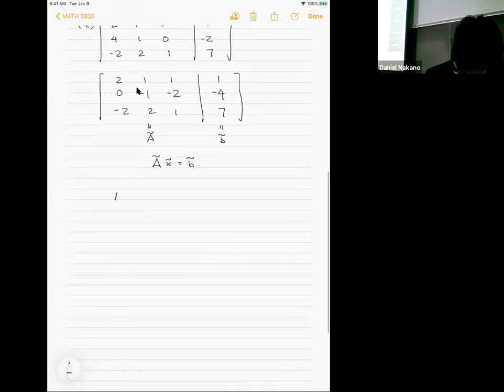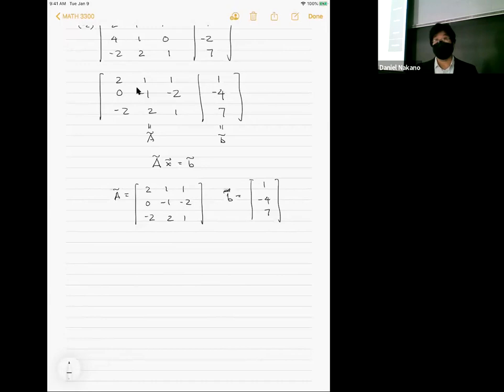It looks like 2, 1, 1. I'm writing this out again just to make it more clear. And the B tilde equals 1, minus 4, 7.